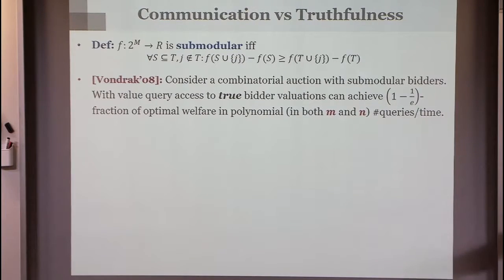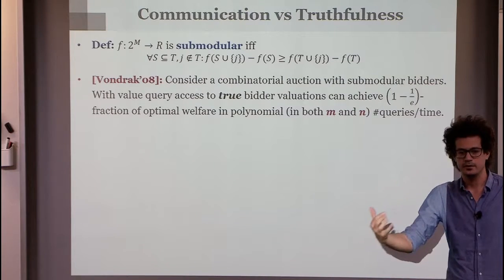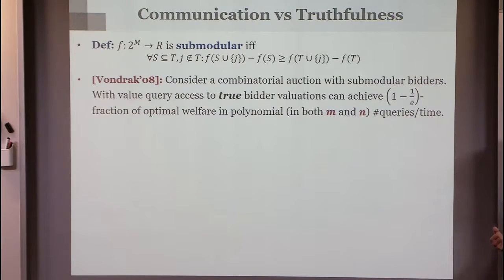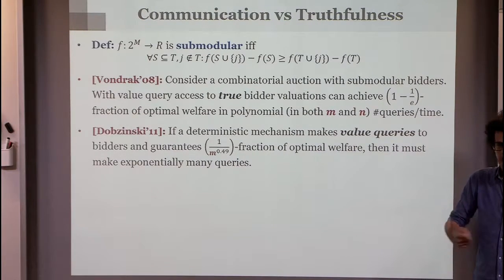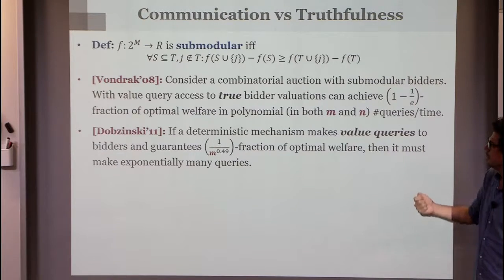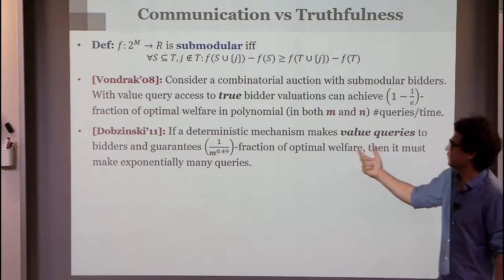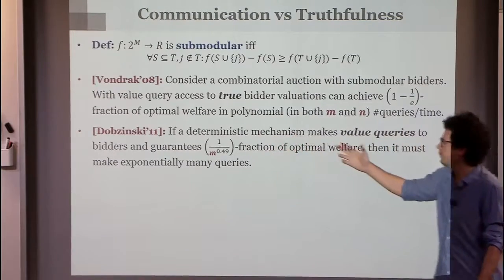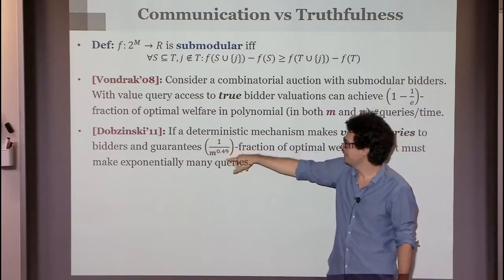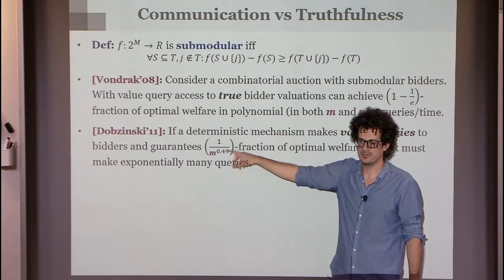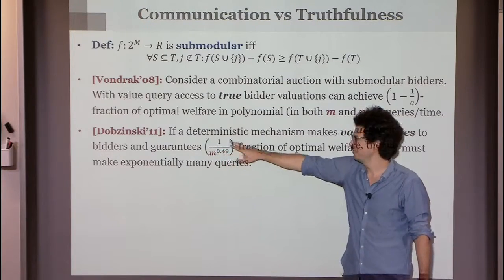If when you ask a bidder about his value for a particular bundle, he may strategize as to what answer to give you. It turns out that once incentives are introduced, all bets are off. Meaning, for instance, here's an example result. If a deterministic mechanism makes value queries to a bidder and wants to guarantee a very tiny fraction of the optimal welfare, which scales with the number of items, this is not a good performance.